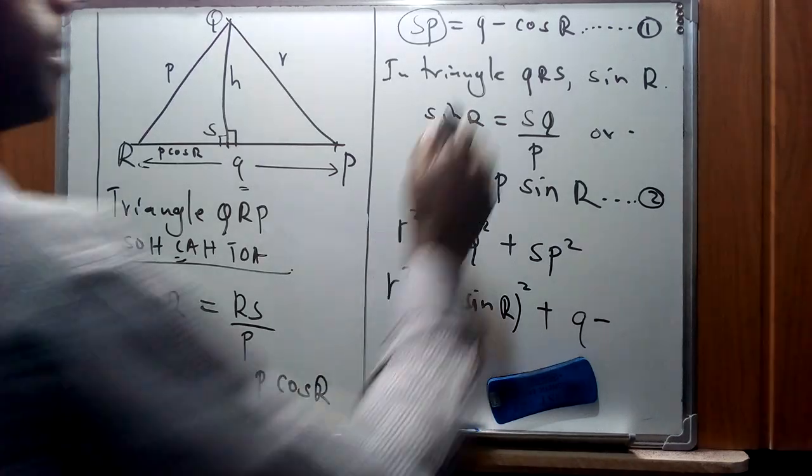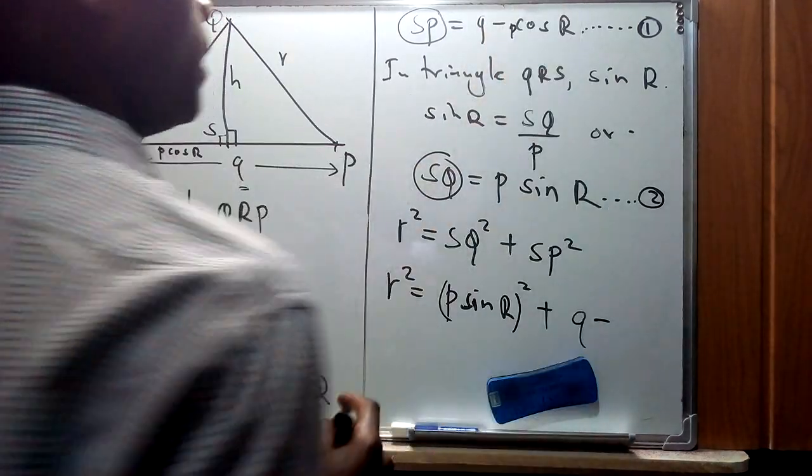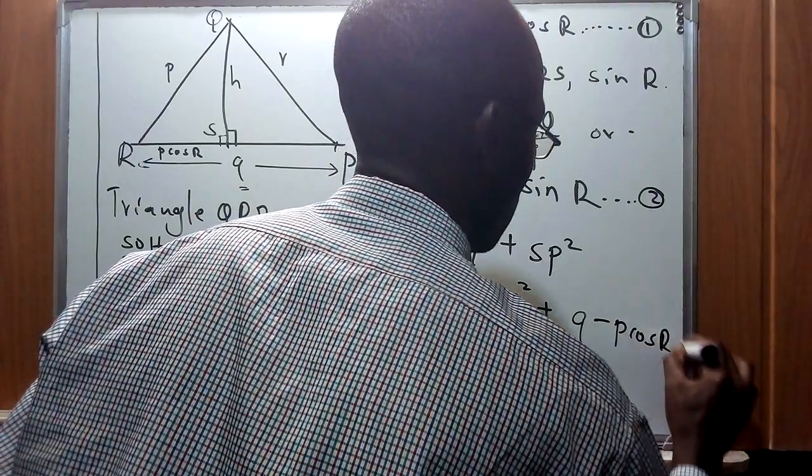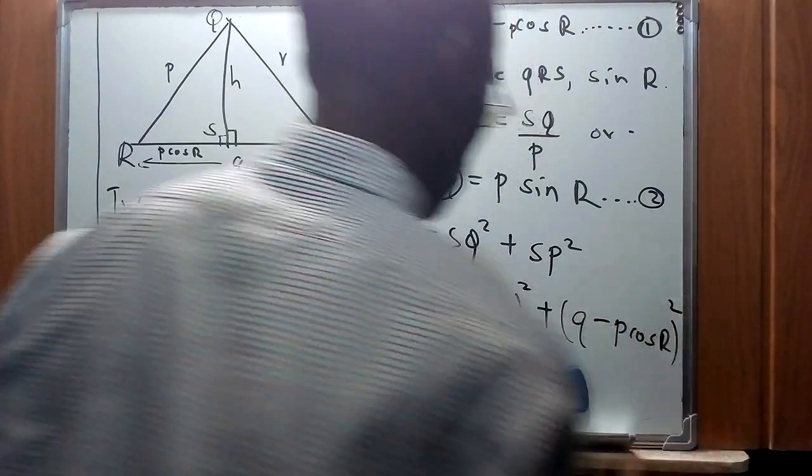This specific definition was p cosine of R. So therefore we're going to have p cosine of R squared.